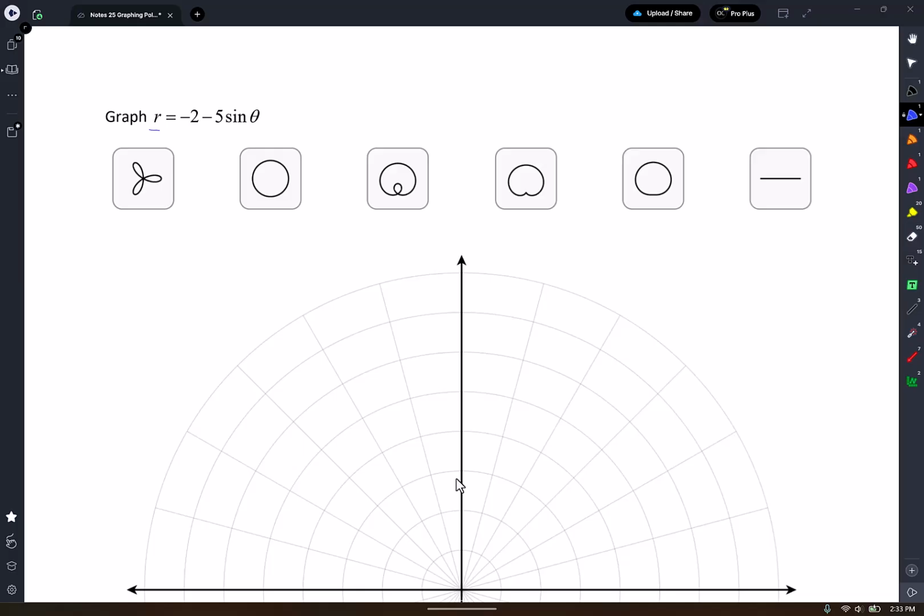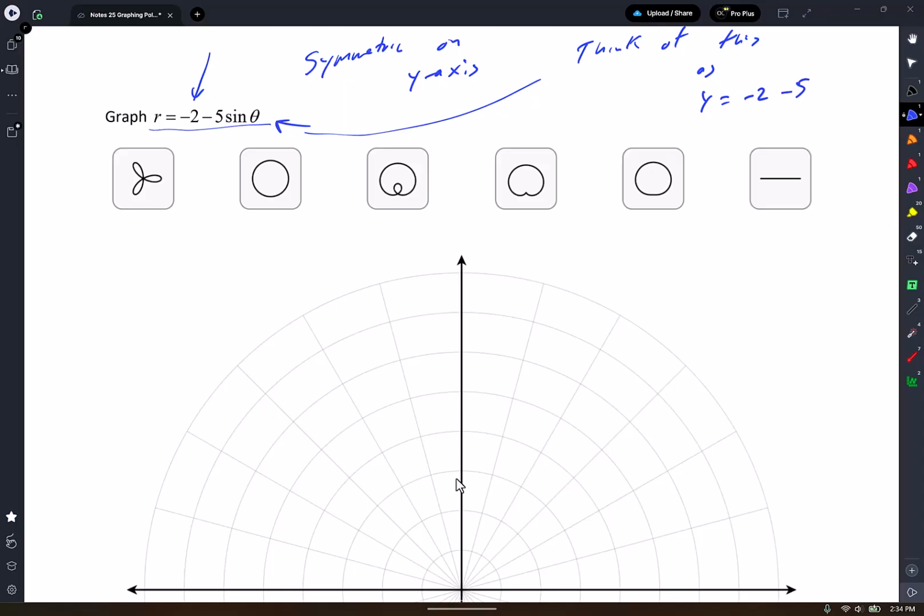Before we do anything, I see a sine, so it's symmetric. You see this negative 2? Think of this as y equals negative 2 minus 5 sine x.